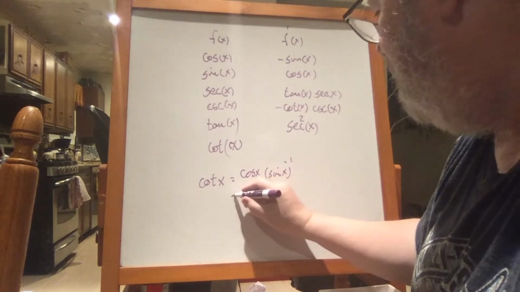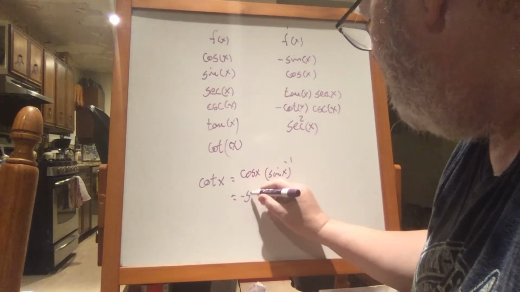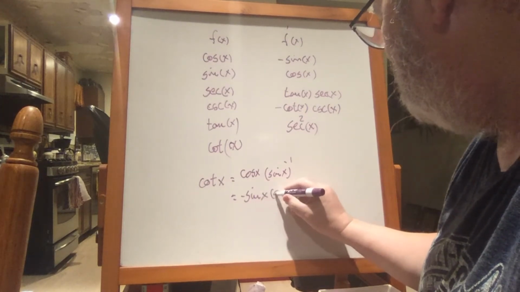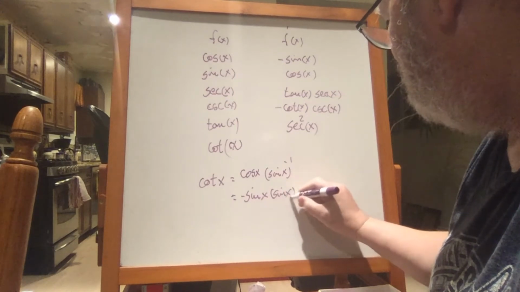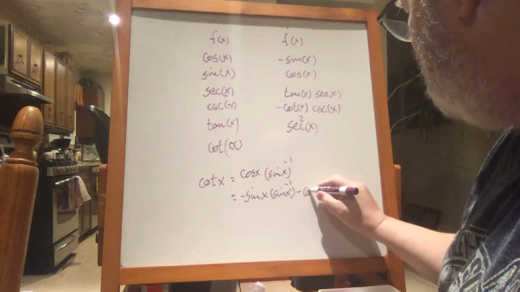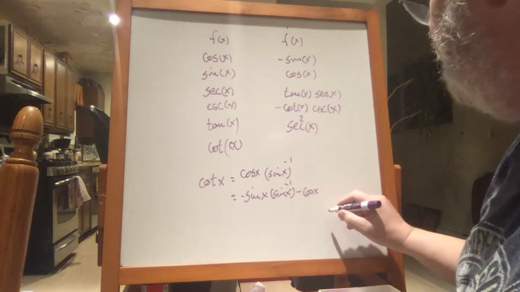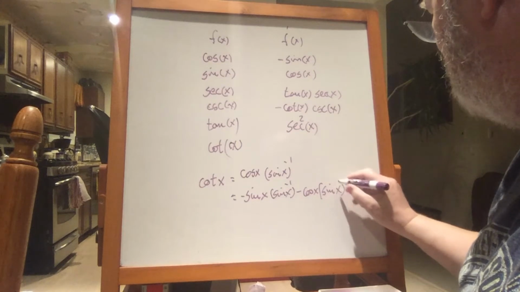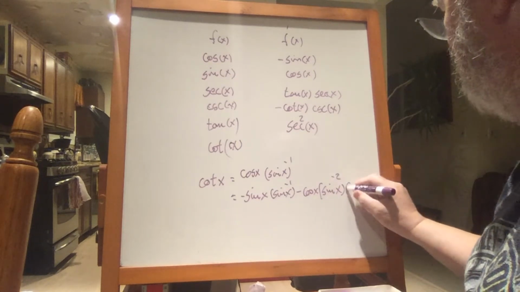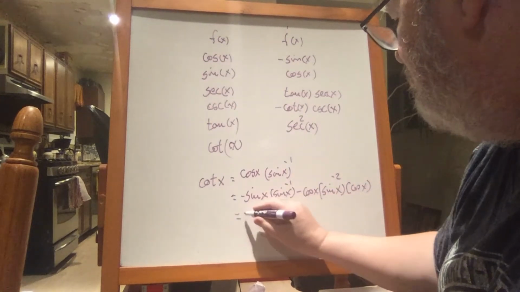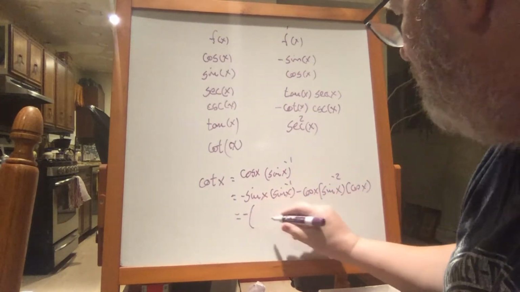All right, so we have minus sine x times sine of x to the negative 1, minus cosine of x times sine of x to the negative 2, times cosine of x.